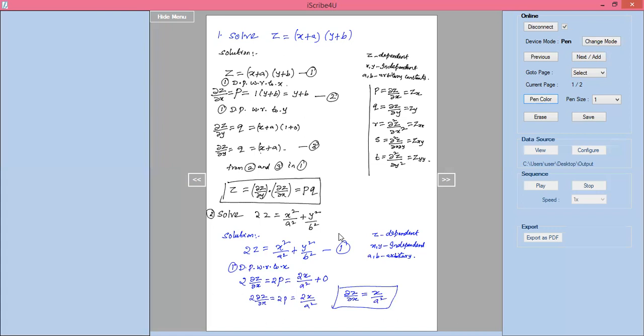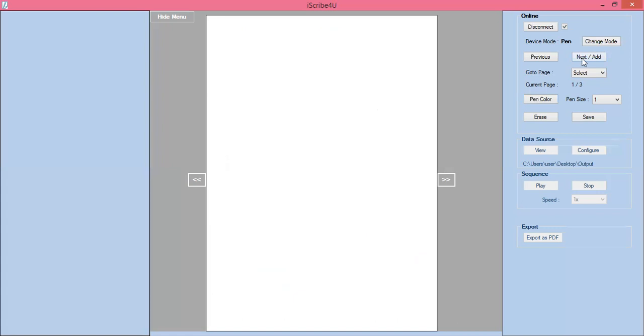Next, equation 1, differentiate partially with respect to y.